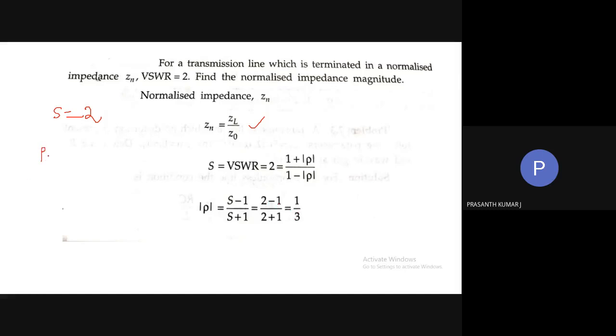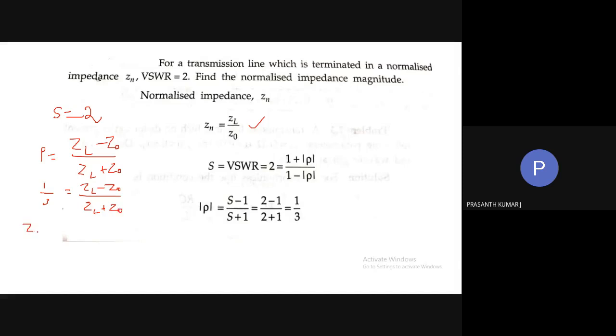So we know that rho equal to ZL minus Z0 by ZL plus Z0. Now what value of rho did we get? 1 by 3. 1 by 3 equal to ZL minus Z0 by ZL plus Z0. So let's cross multiply.